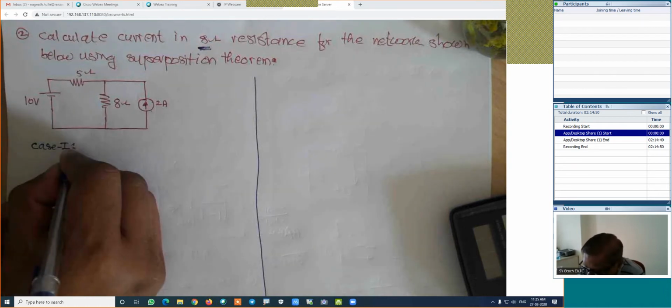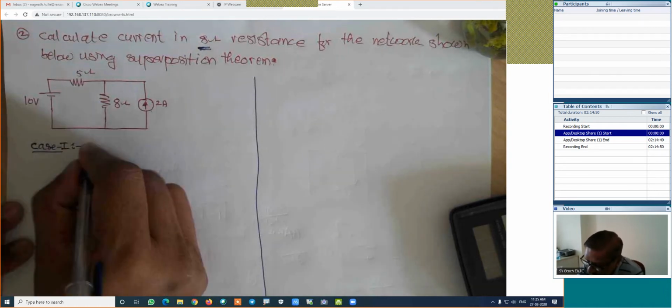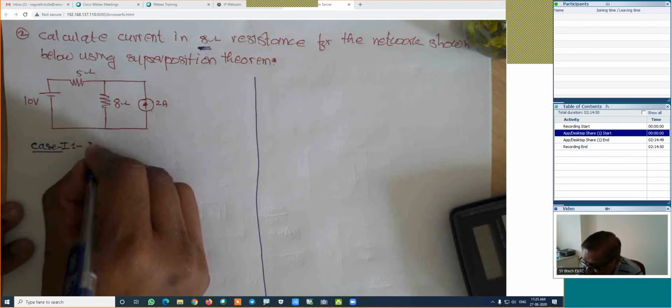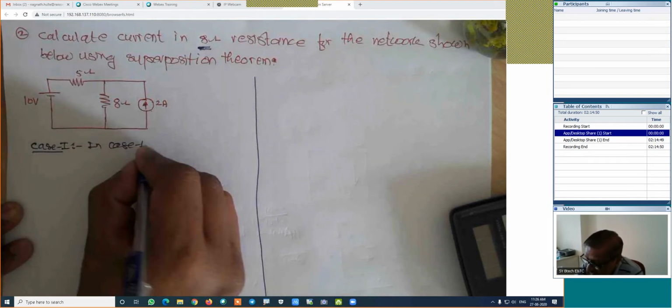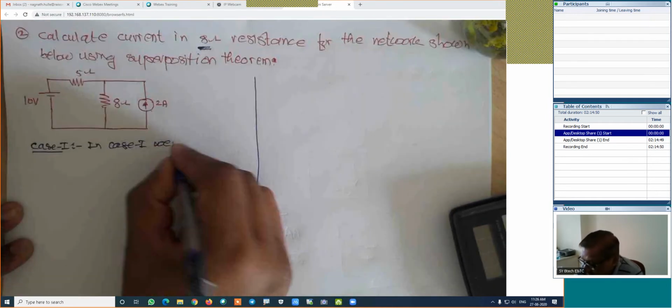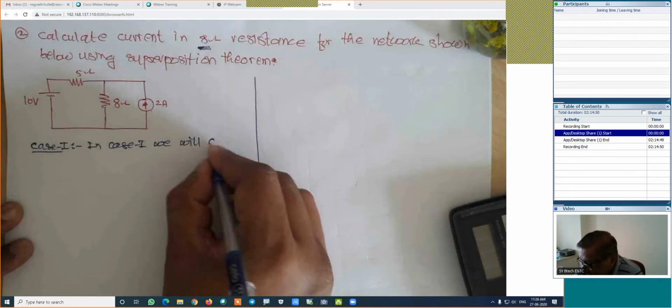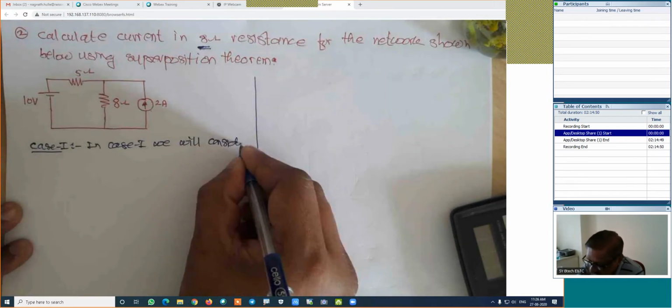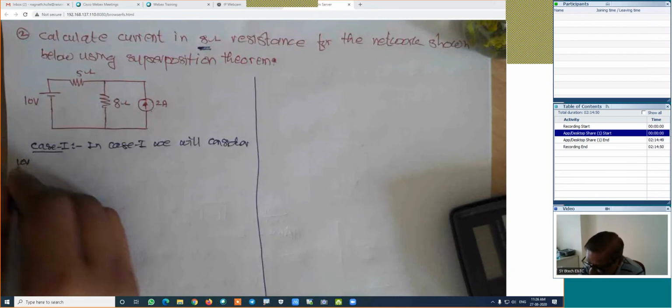How is my case 1? In case 1, we will consider the 10 volt source.